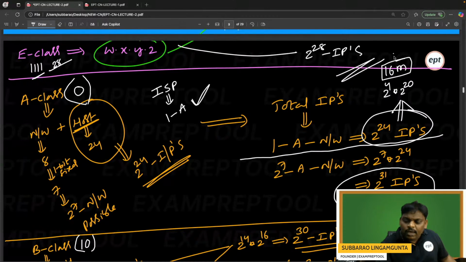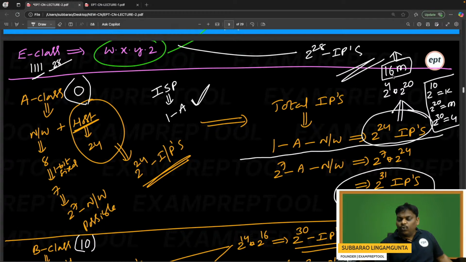So 16M IPs are possible. I'm repeating once again, 2 power 10 means K, 2 power 20 means M, 2 power 30 means G, giga. Let me write now: 2 power 10 K, 2 power 20 M, 2 power 30 G, giga.